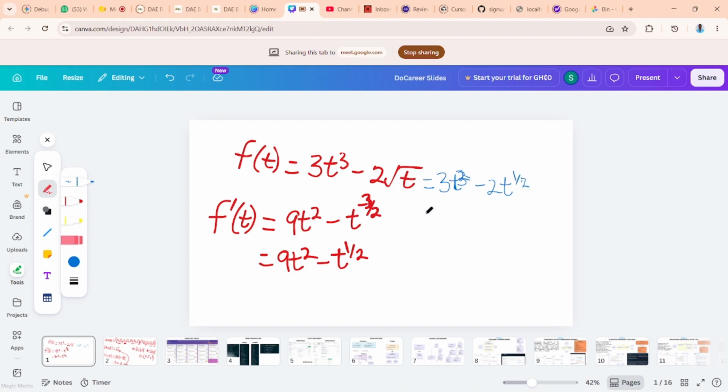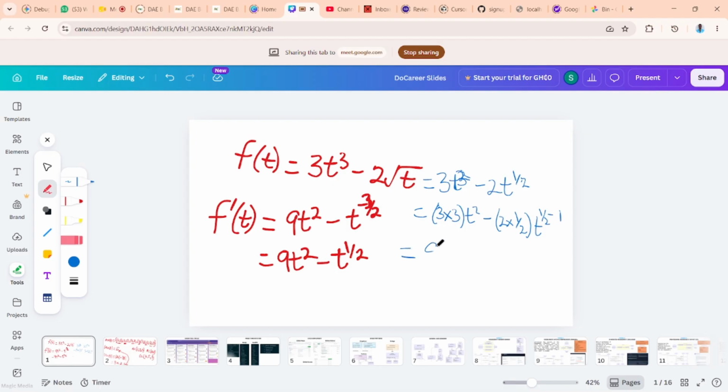Now if you proceed, this will be 3 times 3 times t squared, minus, in brackets, 2 times half, t to the power half minus 1 at the top.